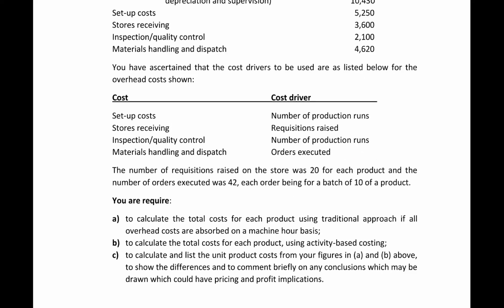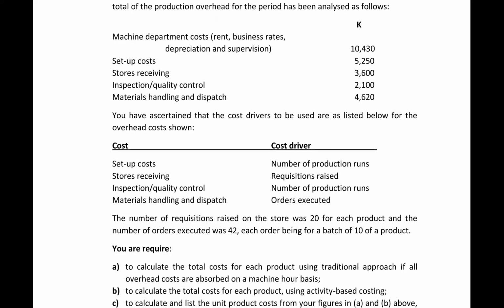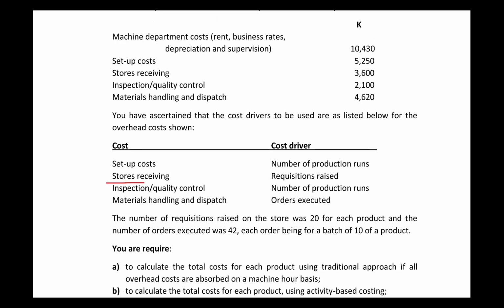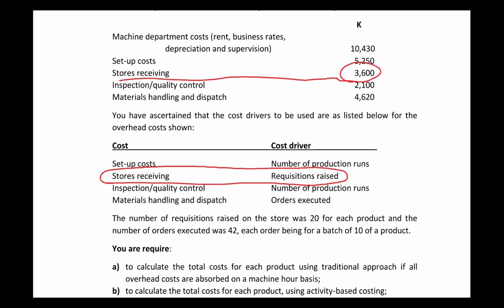The information given to us is that the number of requisitions raised on the stores was what? 20 for each product, which simply means that when you are allocating the stores receiving cost, which is 3,600, you should use the number of requisitions.